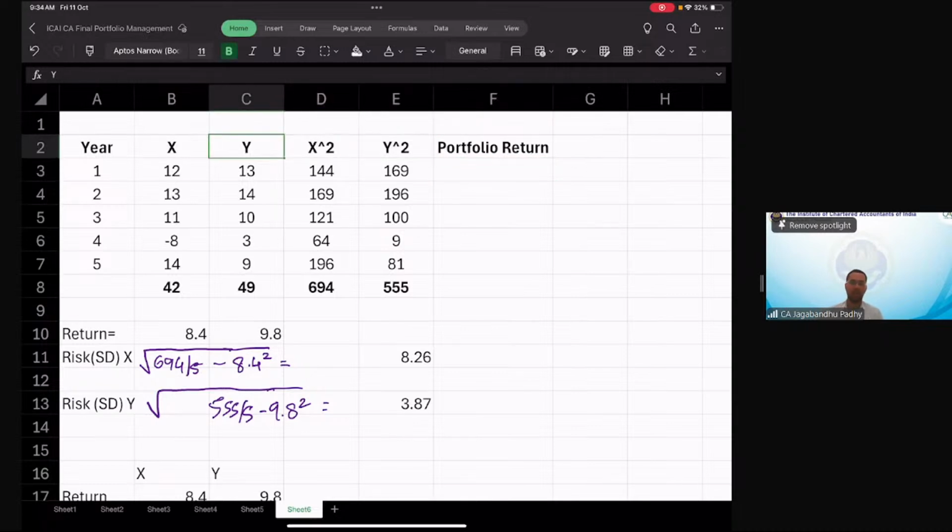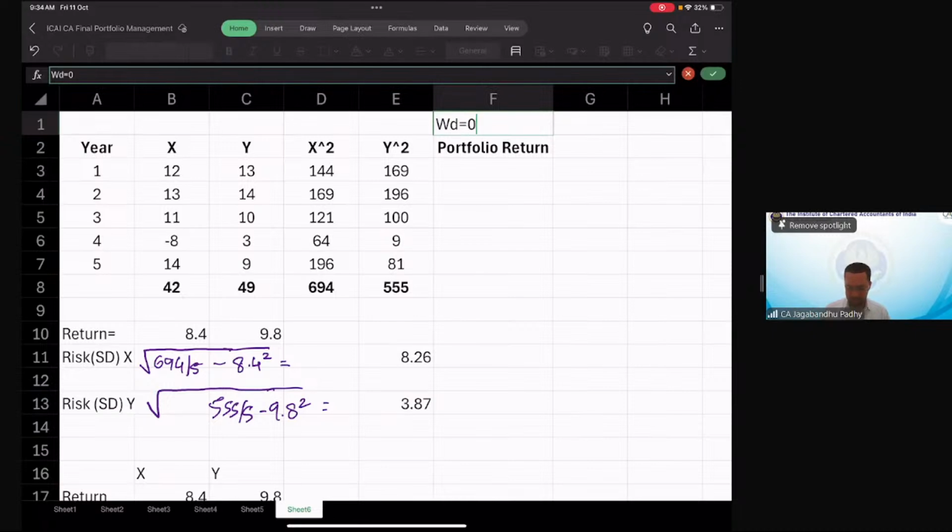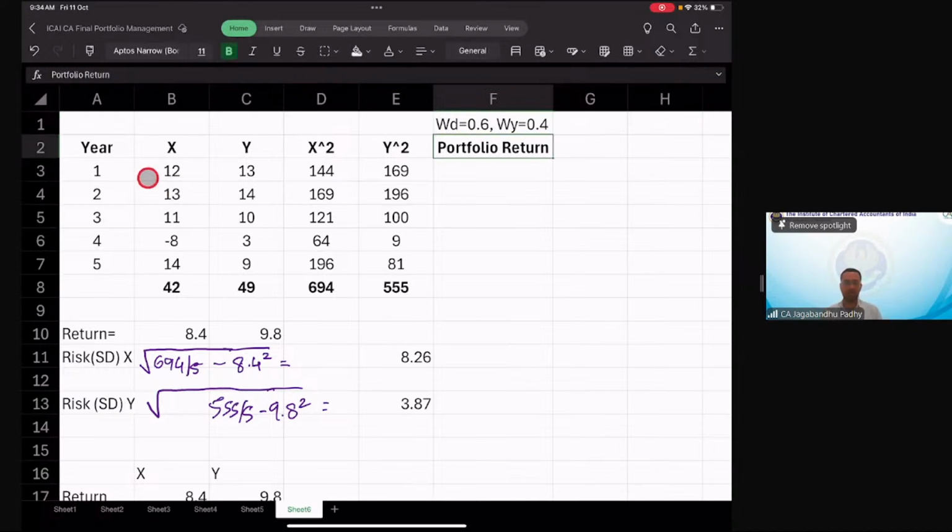If I would have held this portfolio since the beginning, 60% of my money is allocated in X and 40% of my money is allocated in Y. So what would be the portfolio return that we would be expecting in each of these 5 years?